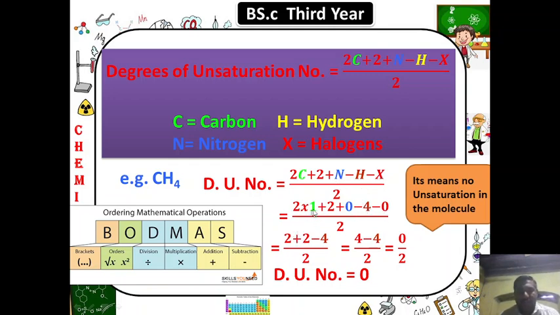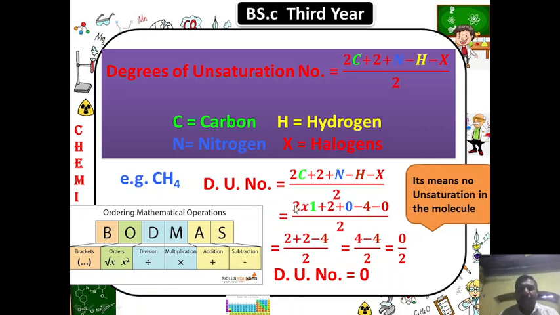Then we calculate by solving this equation. This is the order of mathematical operations, the BODMAS operation, we say. First solve the brackets, then orders, division, multiplication, addition and subtraction.